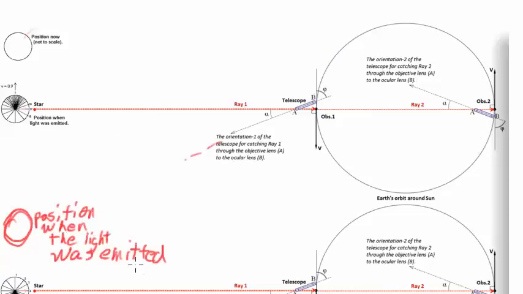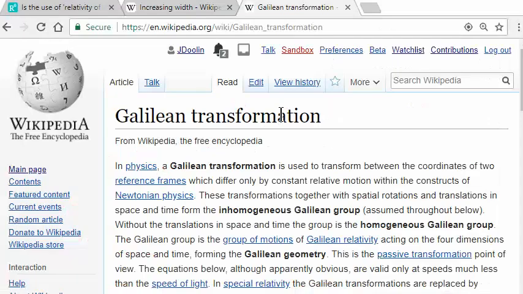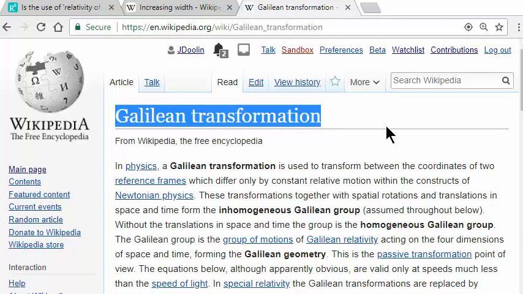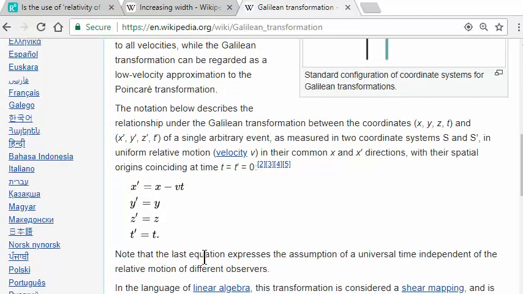The fact that they are putting the position when the light was emitted over here means that they do not have a basic grasp of the relativity of position, which states basically if you're using either kind of relativity, Galilean or relativistic, you're using something called the Galilean transformation.